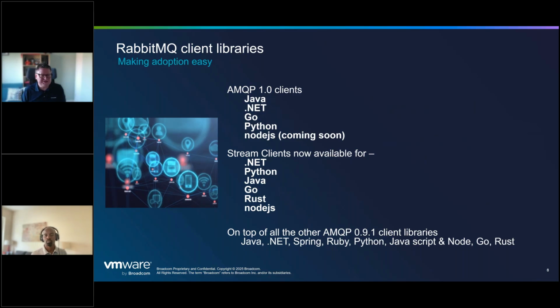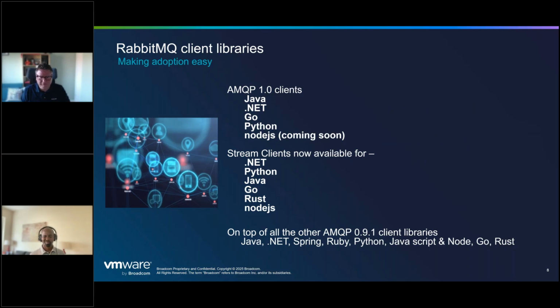You've got applications that you need to build, and having client libraries that are just as accessible as the core is critical. And client libraries in as many different languages as we can possibly support, from Java, .NET, Python, Node.js, and so on, to support all the protocols as well.